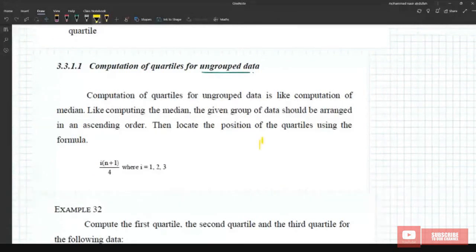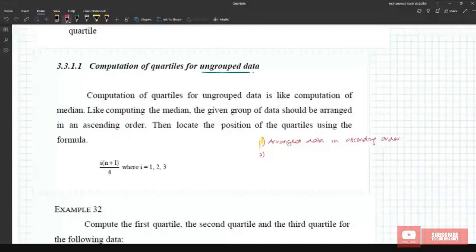First step, we need to arrange the data in ascending order. Second step, we need to position each of the data.